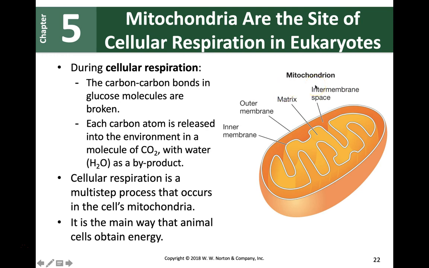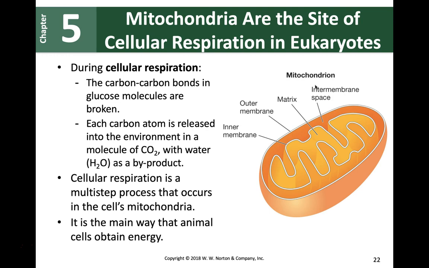If you remember from the previous chapter, number 4, mitochondria is the powerhouse of our cell, and it's called that because cellular respiration takes place inside the mitochondria. What happens again? The glucose, or complex molecule, is broken down into carbon dioxide and releases energy.